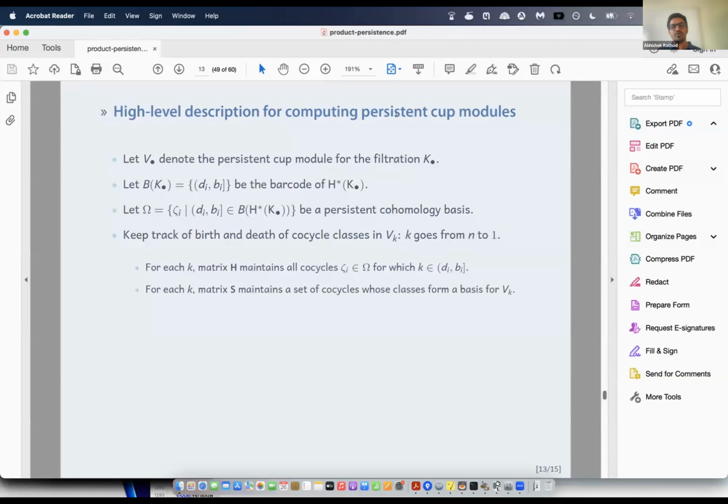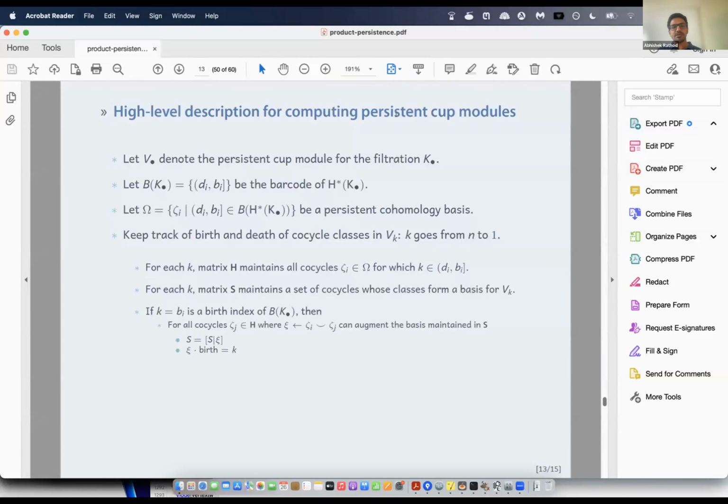These are co-cycles that are found using products of co-cycles of ordinary persistence, of representatives of ordinary persistence, and for every k the classes of the co-cycles that we maintain in S will form the vector space V_k. Remember that V bullet is the persistence module that we are dealing with. So V_k is the kth index vector space. We maintain these two matrices, and we have two cases to consider.